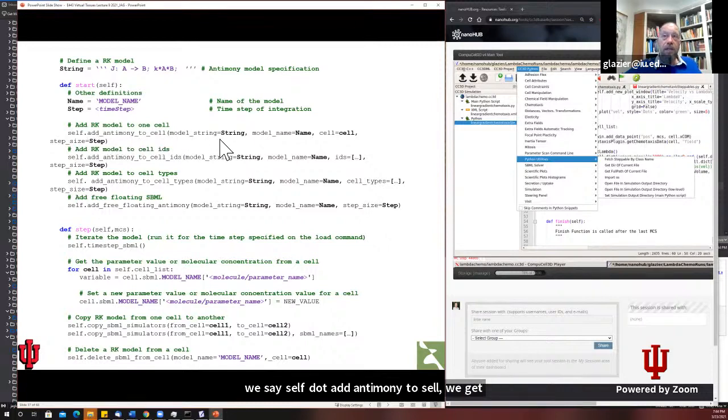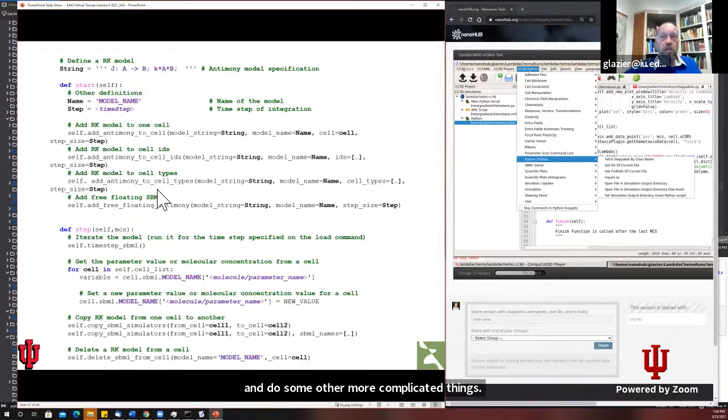We give the model string identity. We give it a name because we're going to have a way of referencing that model, because potentially there could be multiple models loaded in each cell. In this case, we're adding it to a particular cell, and we can set the time units of the antimony simulation relative to the Monte Carlo steps if we like, so step size. It's also possible to overwrite initial conditions and do some other more complicated things.